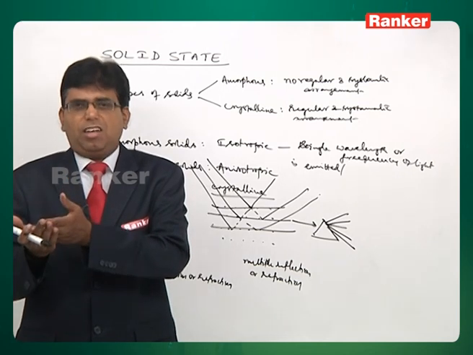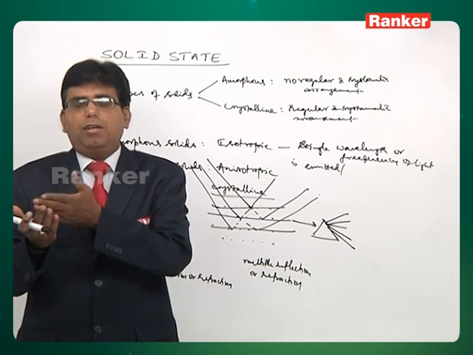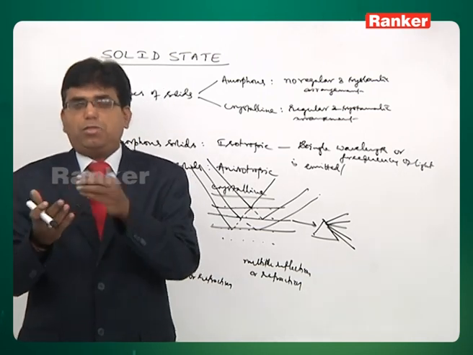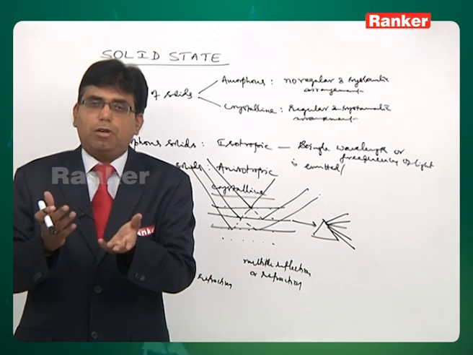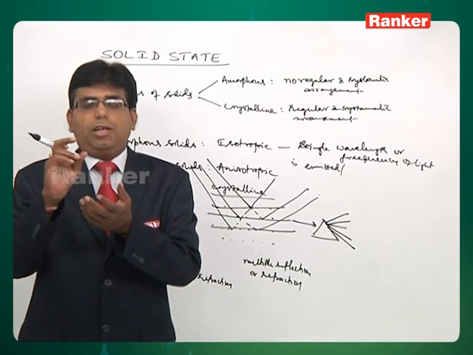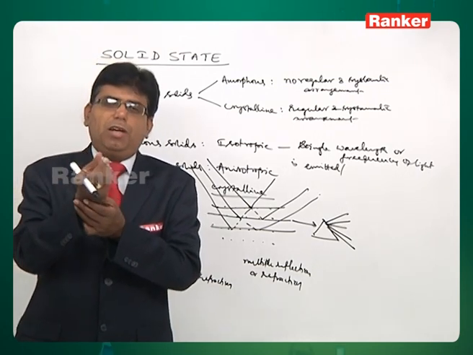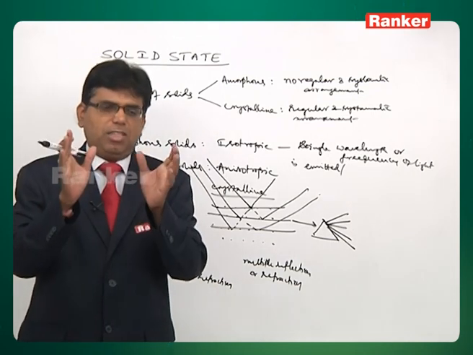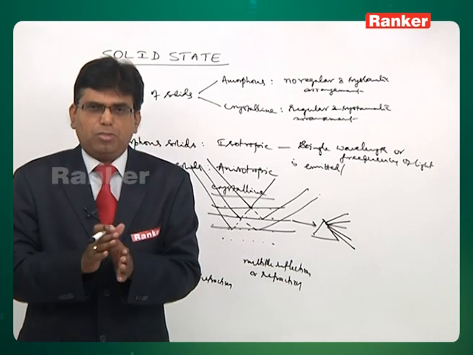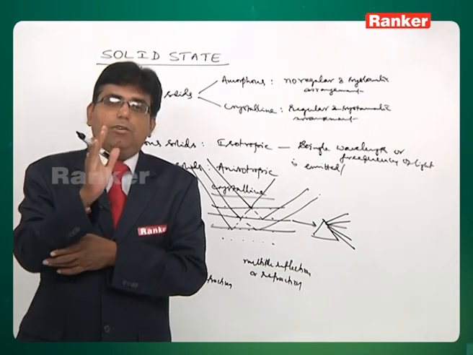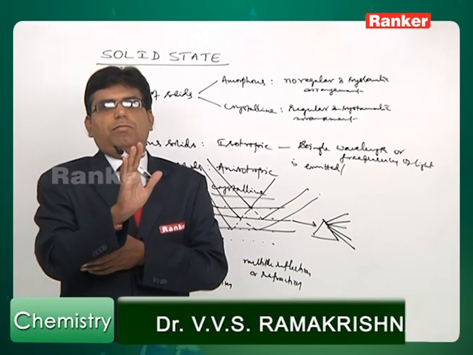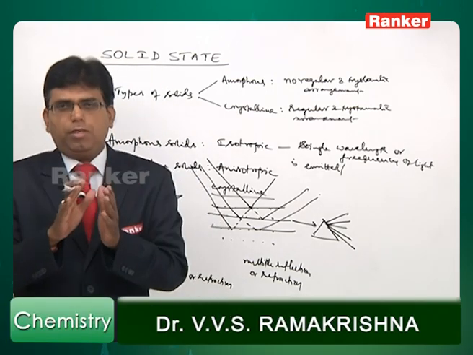Ice is a crystalline substance, and SiO2 has amorphous as well as crystalline forms. All valuable crystals and gems are crystals. These are examples of crystalline and amorphous solids, and our emphasis is mainly on crystalline solids as per our syllabus.